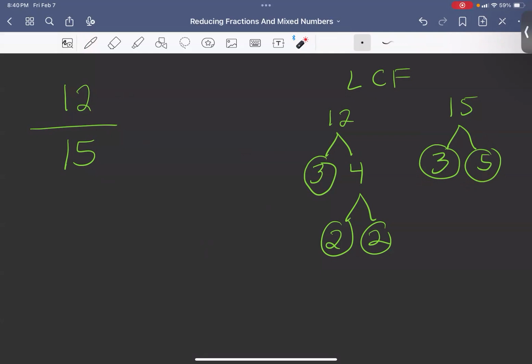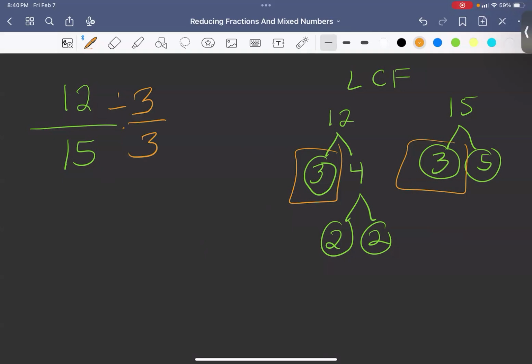Now, the factor that they have in common, 12 and 15, is 3. So I'm going to divide both the numerator and denominator by 3. So 12 divided by 3 is 4, and 15 divided by 3 is 5. So our answer is 4 over 5. That is the answer in simplest form.